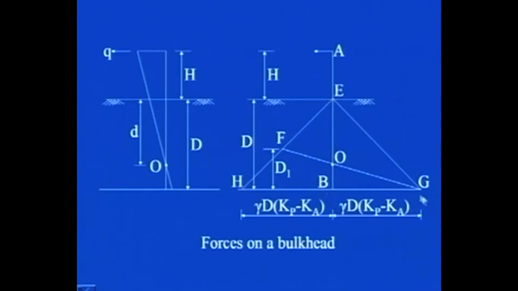If I join from this ordinate G to this point O, it cuts the pressure line at F, and let us say that particular distance is d1, which is unknown at this point of time, but in the process of the analysis for stability we will be determining this depth d1.